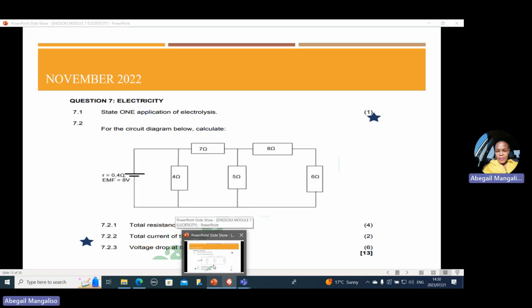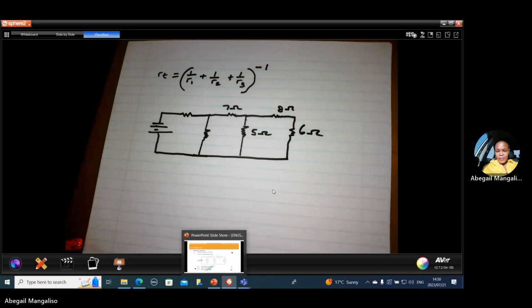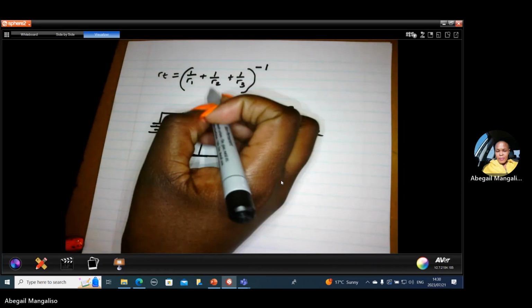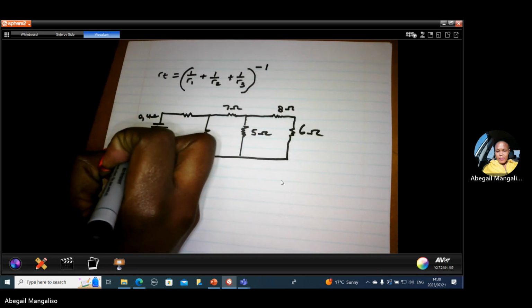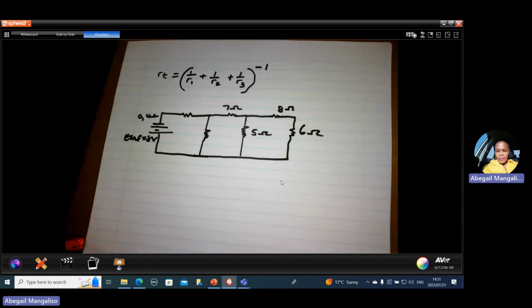This is the given circuit. EMF is given as 8 volts.